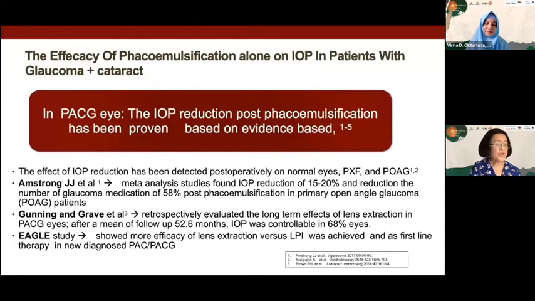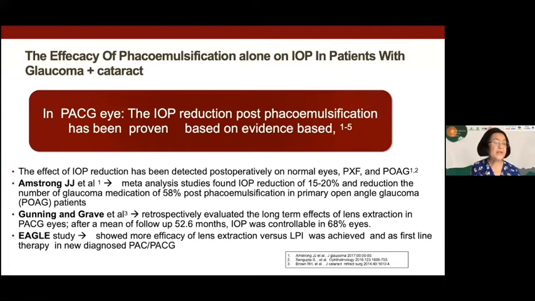The efficacy of phacoemulsification in reducing intraocular pressure was proven not only in PACG cases, but also in primary open-angle glaucoma and pseudoexfoliation. Based on what we found, at least 5 studies revealed the benefit of phacoemulsification in lowering IOP and adhesion.